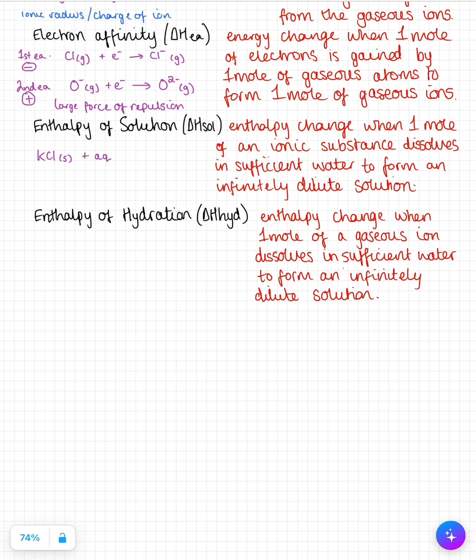We use the state symbol aq to show the sufficient water. KCl goes to KCl aqueous. Or we could represent this as KCl solid, sufficient water, because when we dissolve an ionic substance in water, it will break apart the lattice. Therefore, those individual ions are broken up and are free to move within that solution.